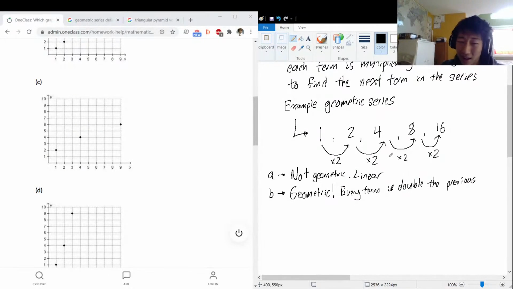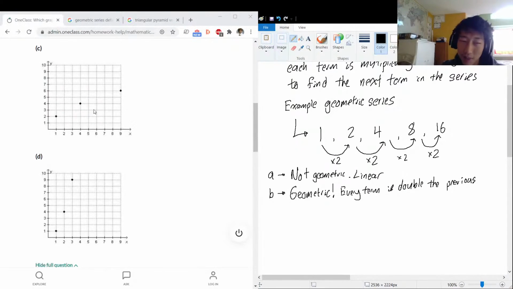And I think the main red flag is that these terms are not perfectly beside each other. So either we're skipping terms or something else is going on.